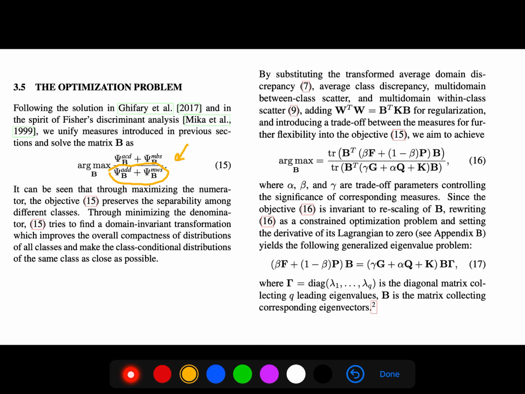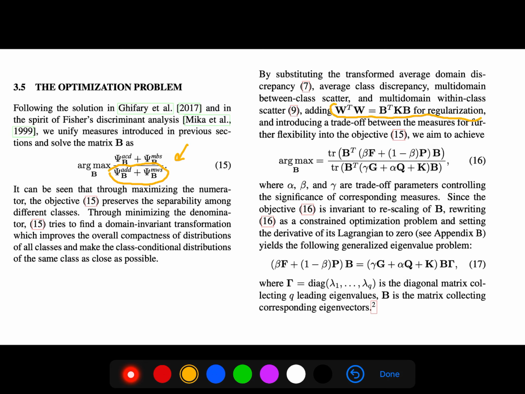So by substituting the transformed average domain discrepancy, average class discrepancy, multi-domain between class scatter, and multi-domain within class scatter, and we just use this for regularization.